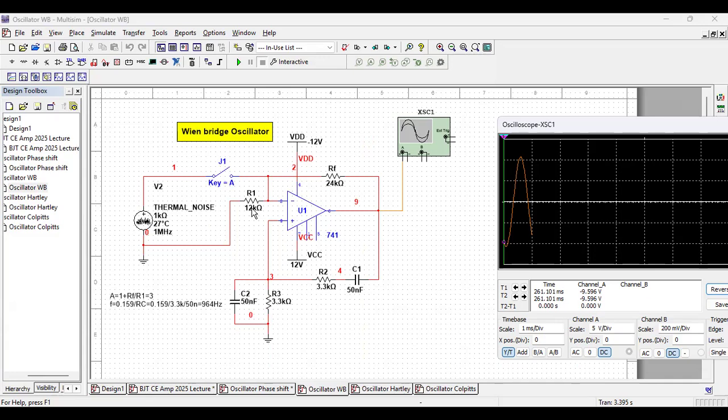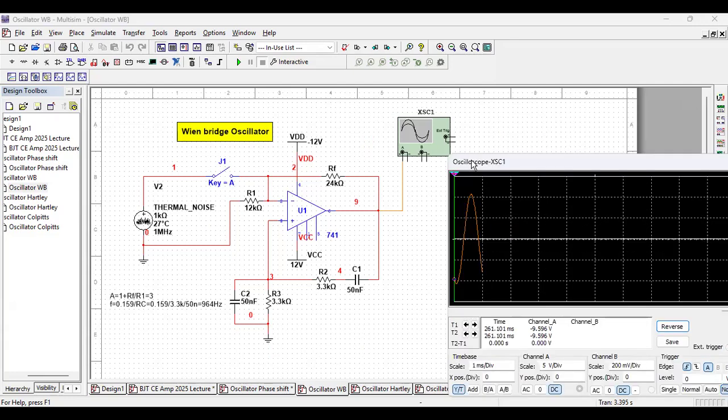Very simple configuration. And RF by R1 has to be 2. Here it is 24K by 12K, so ratio is 2. And the frequency relation was 0.159 by RC. That means 0.159 divided by R is 3.3K, C is 50 nanofarad. It is around 964 hertz, around 1 kilohertz.